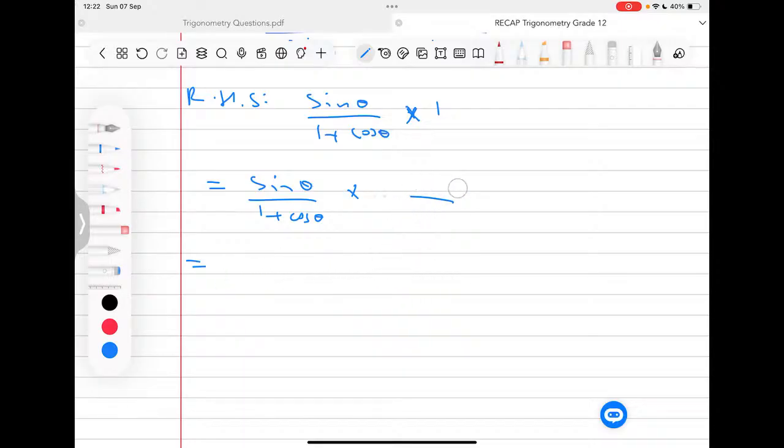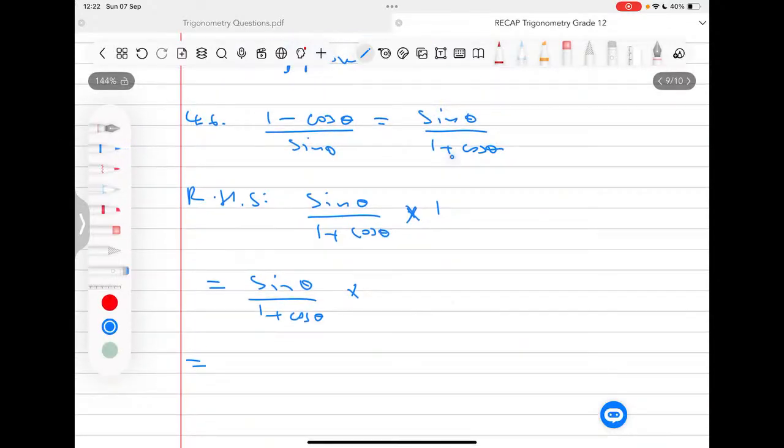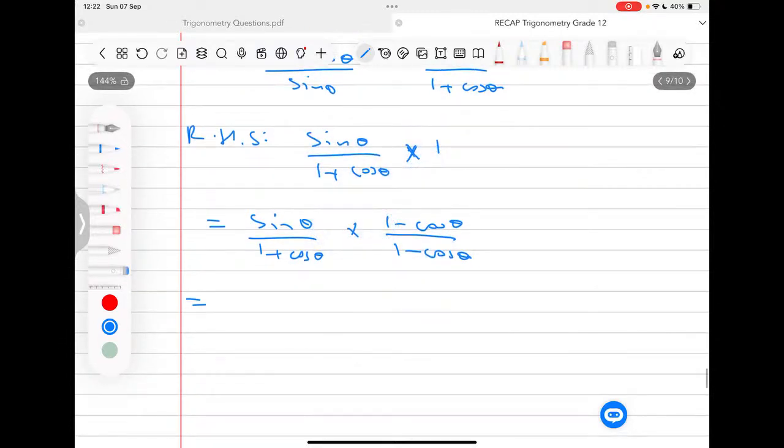So what we should multiply this with is, I should remember, I want this to go back to this side, right? So I should multiply by the numerator here. I should multiply here by 1 minus cos theta over 1 minus cos theta. This gives me 1, and 1 times that, it's still that, it didn't change.